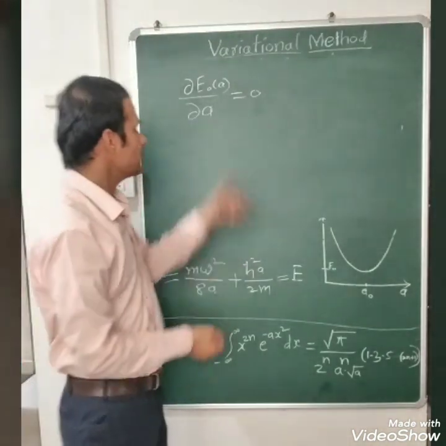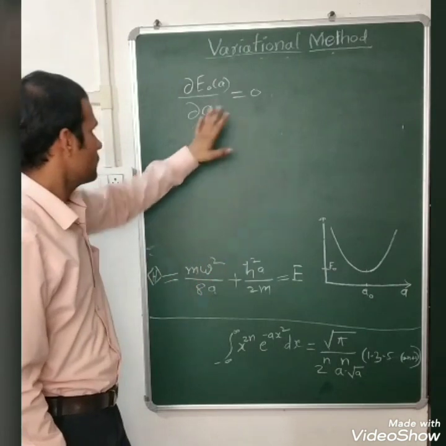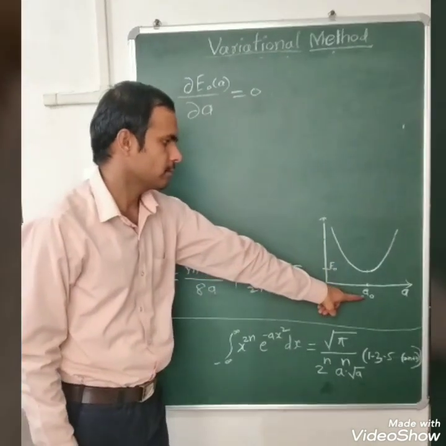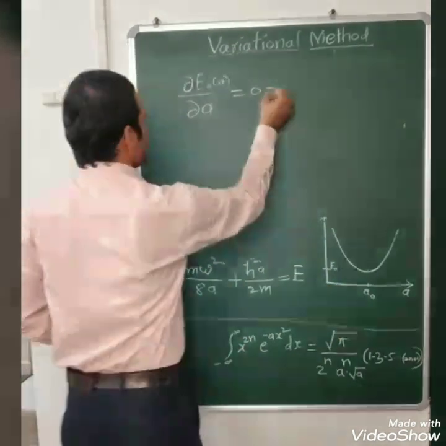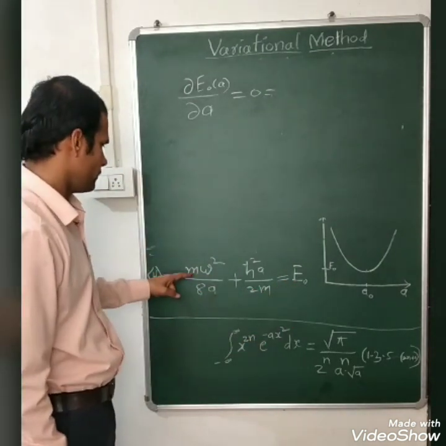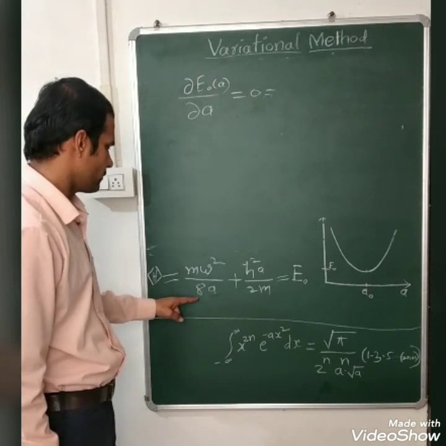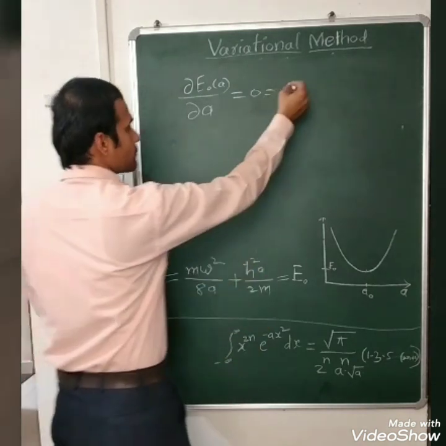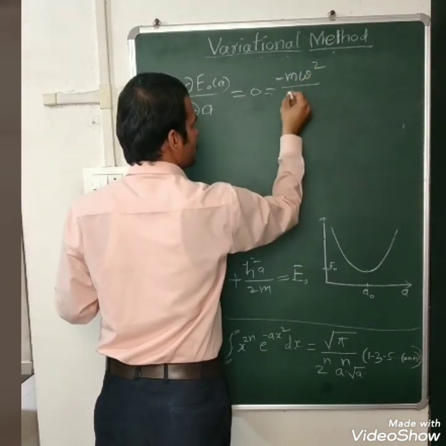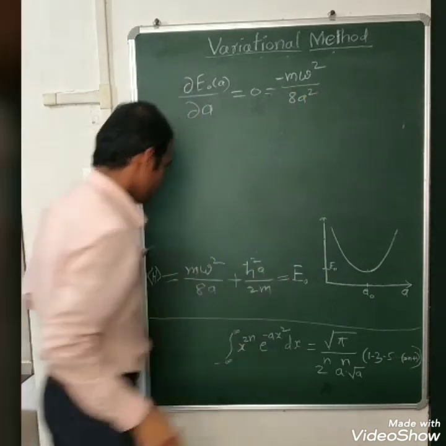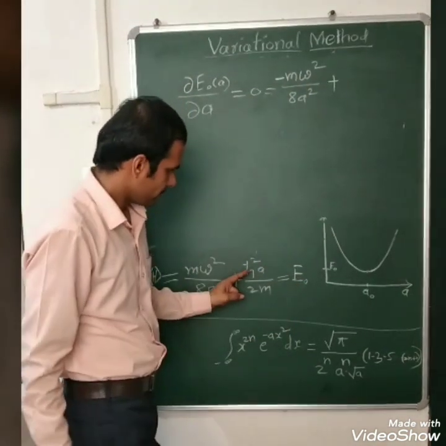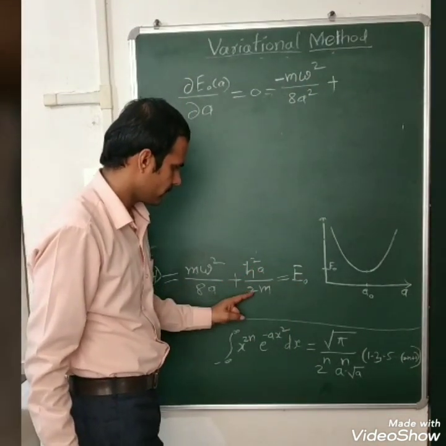If we apply this condition to this E, we will get directly the value of A0. So ∂E/∂A: the term m omega square by 8A becomes minus m omega square by 8A square, and this term becomes plus h cross square by 2m.